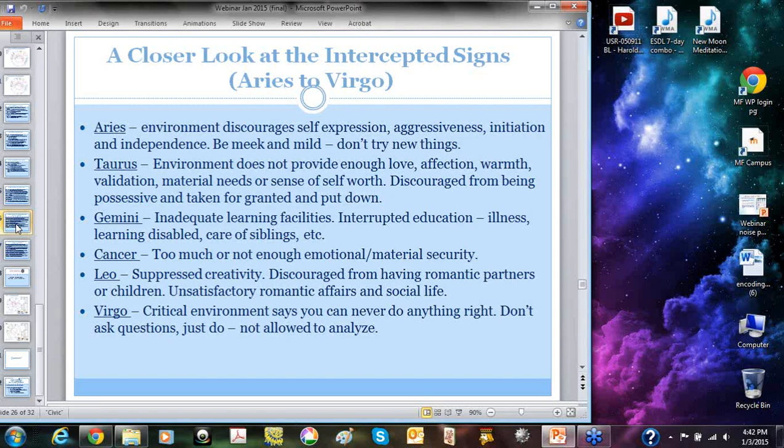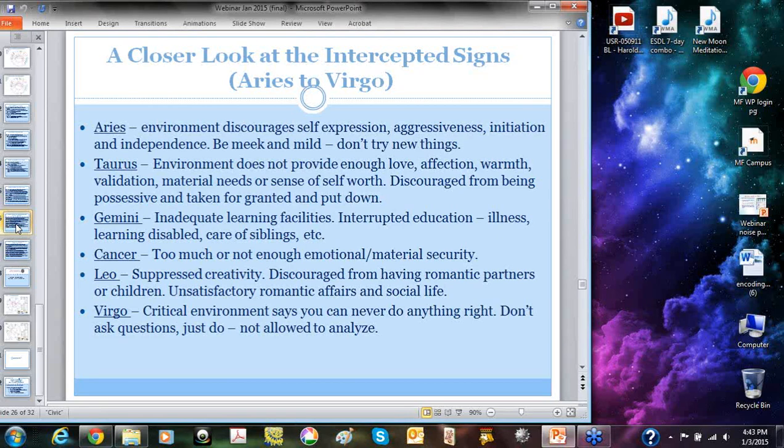It's pioneering, aggressive, independent. Well, that energy is pulled back in its environment so that the person becomes a little bit more meek, a little bit more mild, not having that daring to try new things. So that expression isn't there.